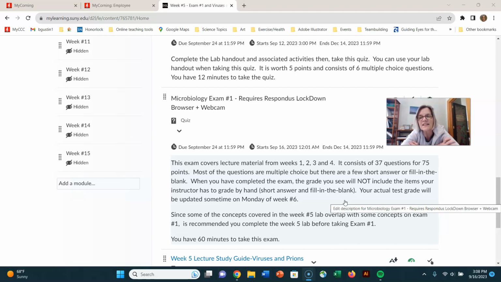It doesn't necessarily grade them accurately, so I have to go back and grade them all myself. I do my grading on Monday. Our due dates are Sunday, and then Monday when I go to work, I teach a class, and then I just start grading. I always look at the previous week. So expect your actual grade on exam number 1 to appear sometime on Monday. I try to get it done Monday morning.